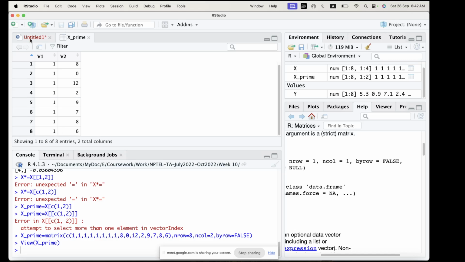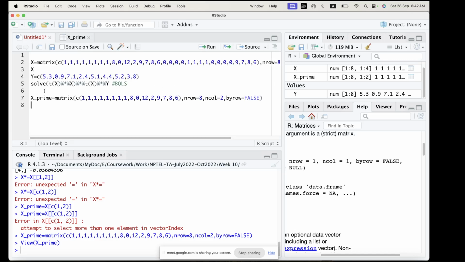Okay, so now if x prime is this, then beta star OLS is actually same thing, but instead of x we'll have x prime.